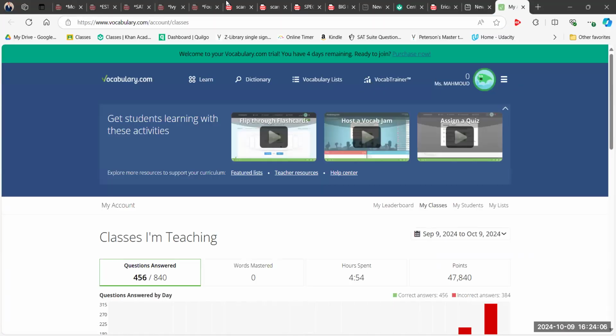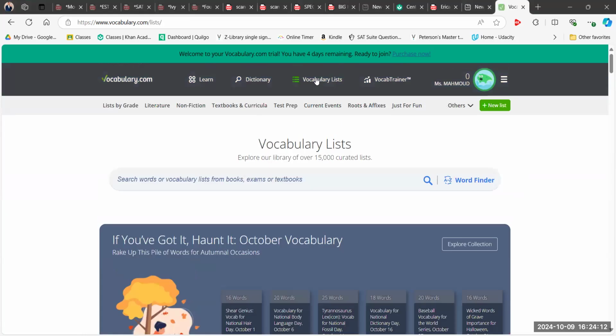It can help you with all the books, even for literature, with vocab lists. Not only test preparation, even for textbooks, it will help you. Nonfiction, literature, check the grade: all the books are available there with chapters, explanations for the vocab, and examples. It's a treasure. It's really a treasure.